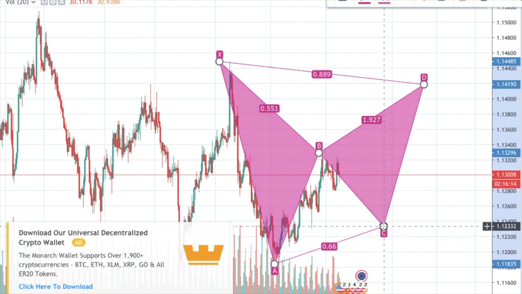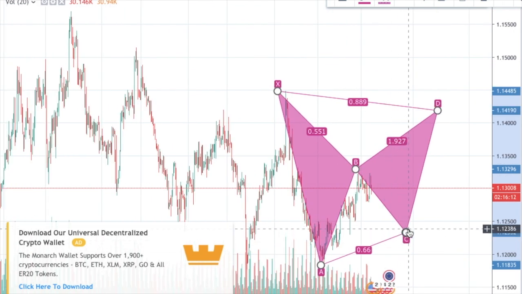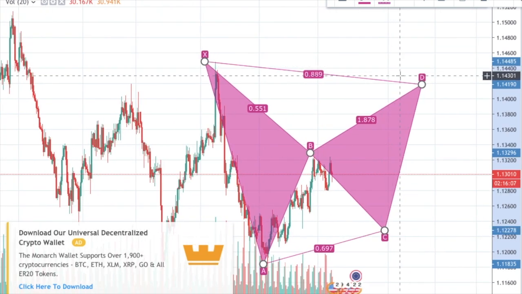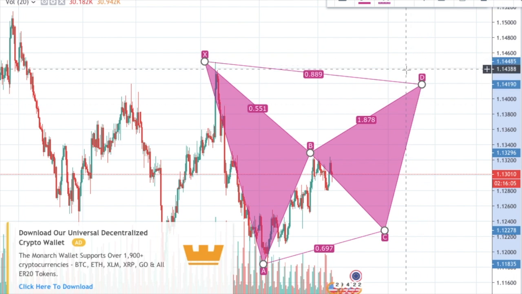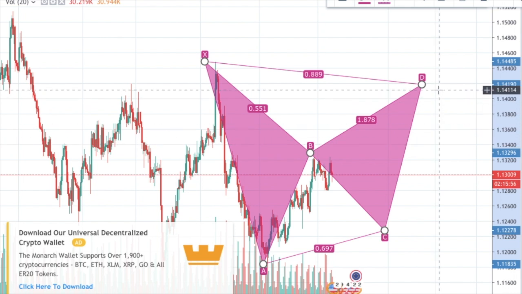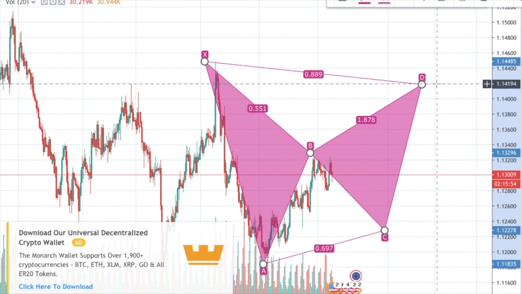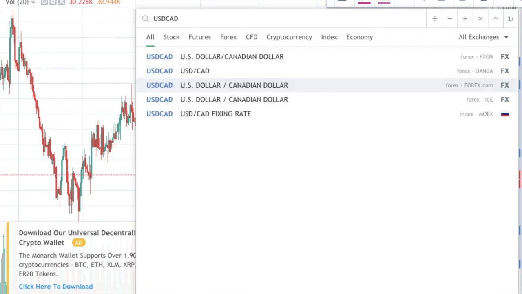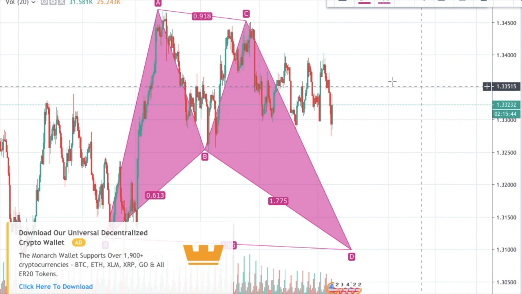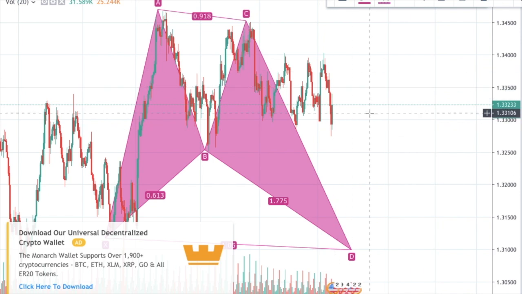And if it does choose to go bullish, your profit target might be at 13,400 for your first profit target, and your second one being at the last point right here. Then the flip side, if the US dollar chooses to go down also, would be this pattern right here, which is a Gartley.